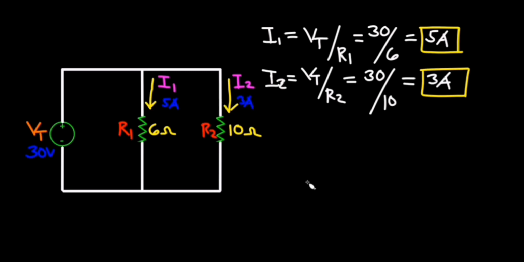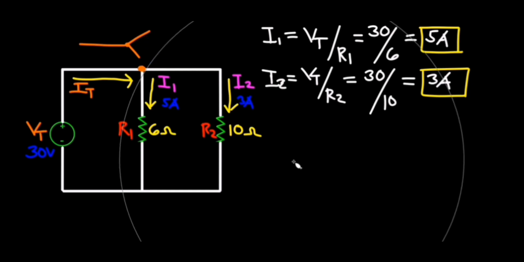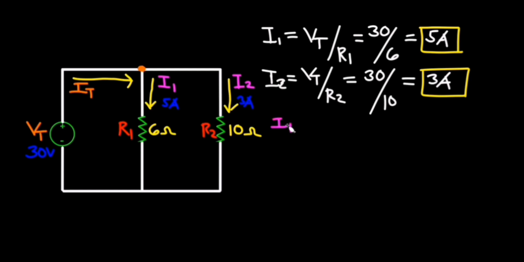The total current is labeled as IT. Applying Kirchhoff's current law, all the current entering the junction is equal to the current leaving the junction. So IT is equal to I1 plus I2.